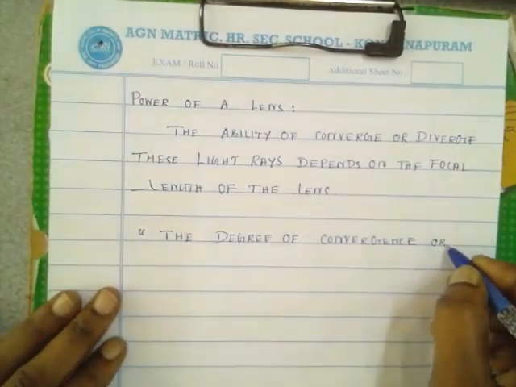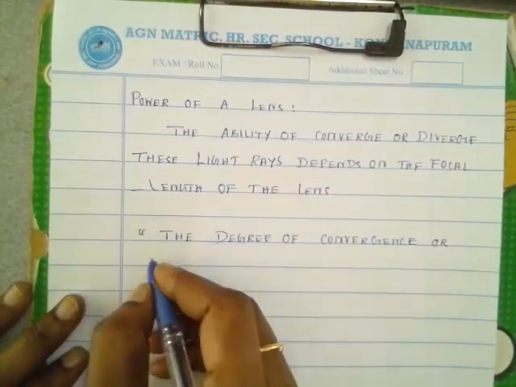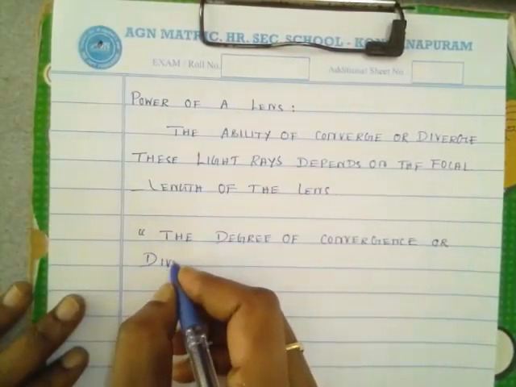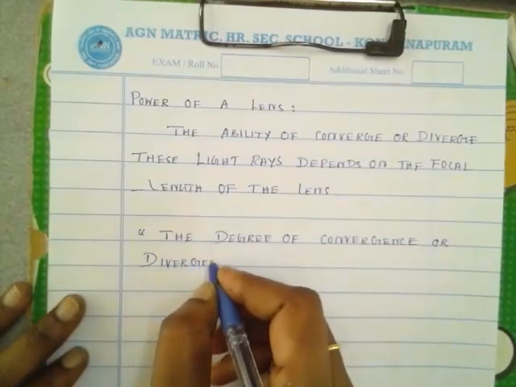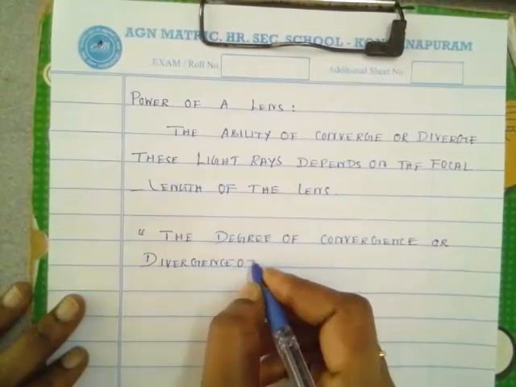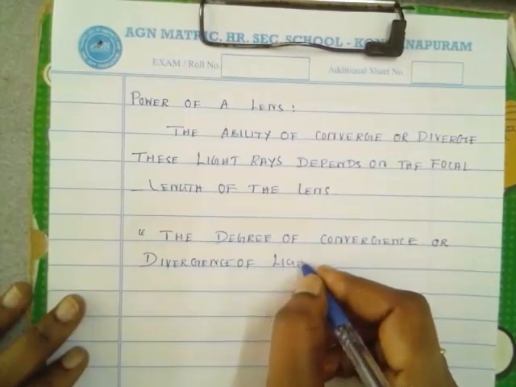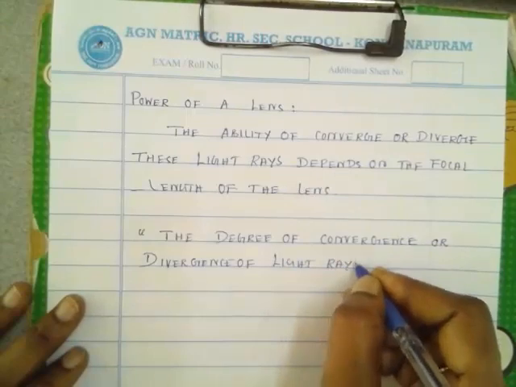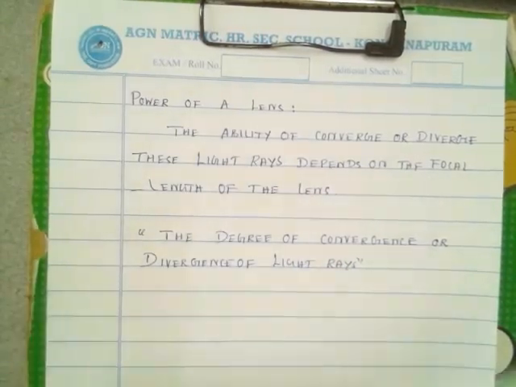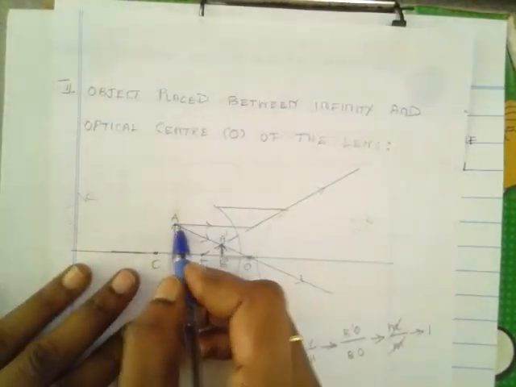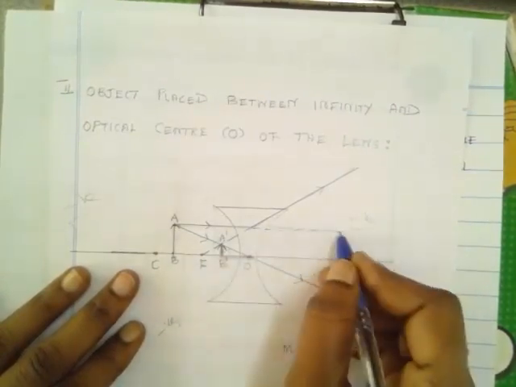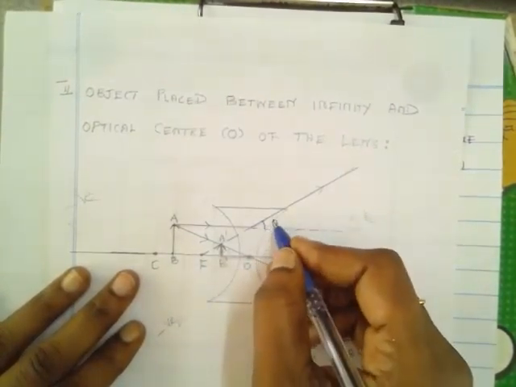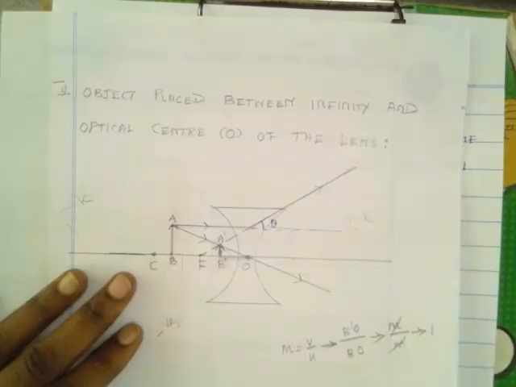Or the degree of divergence of light rays. In the case of a concave lens, the incident ray gets diverged. This is the origin. This is the angle of divergence.